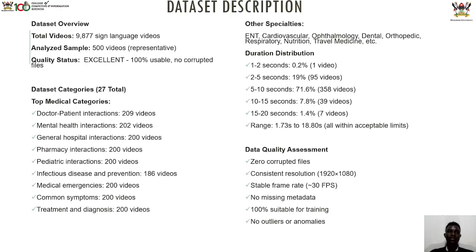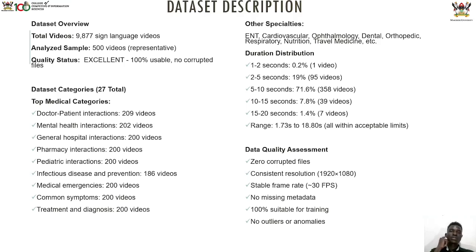And then the data set we used, we got from Kaggle, and the data set has a total of 9,877 videos, of which we analyzed 500 samples, and the quality is excellent, 100% usable with no corrupted files.